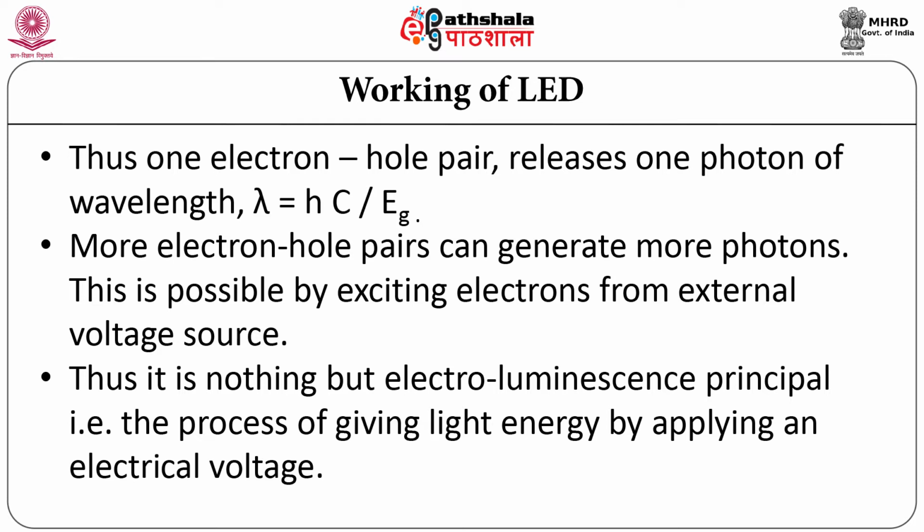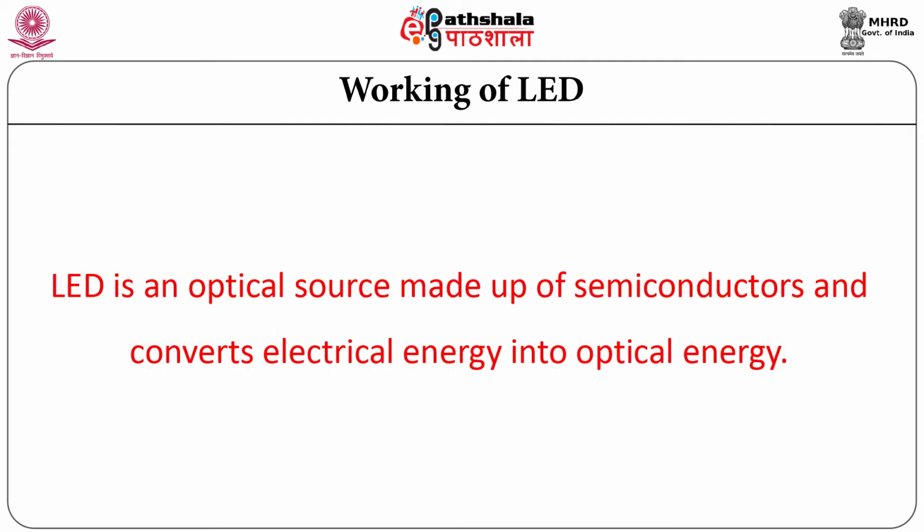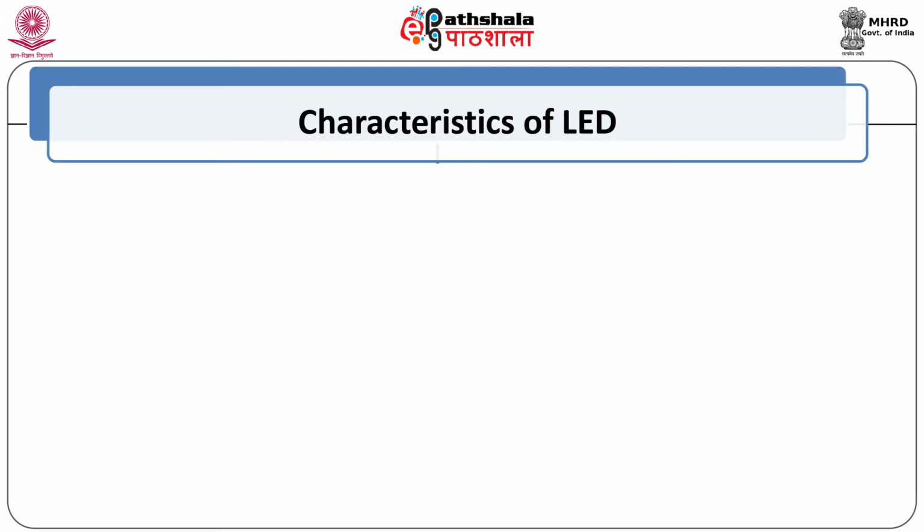So different materials can emit different color light. Thus, to summarize, one can say an LED is an optical source made up of semiconductors and converts electrical energy into optical energy. Now let us study the characteristics of LEDs.